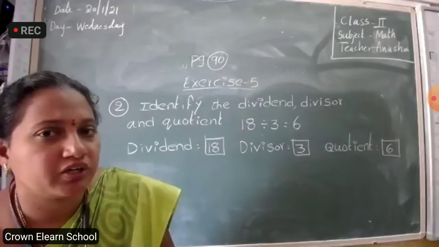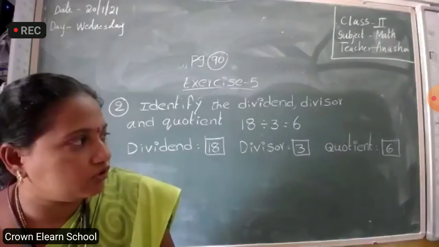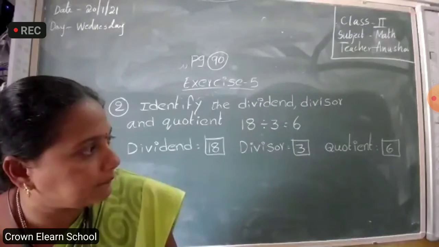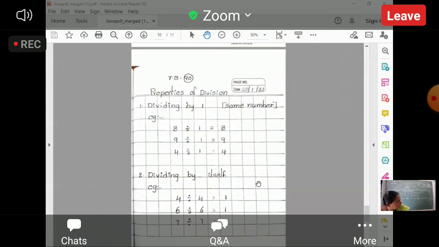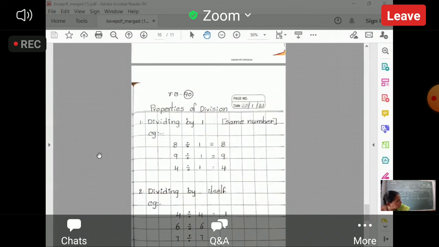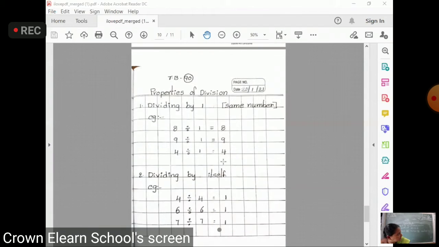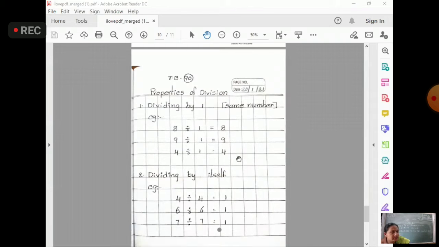Have you opened your notebook, Nana? Now, here, properties of division. Try to write that one. First property: dividing by 1. First take screenshot, later you start writing.